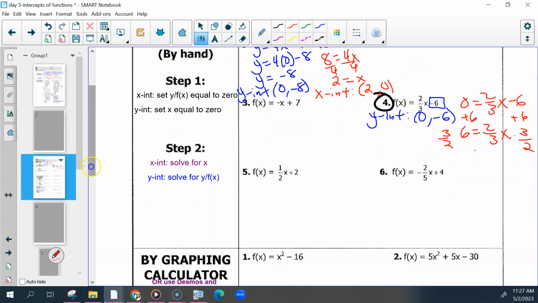Multiply this, how many do you get? So then how would we write this as an ordered pair?